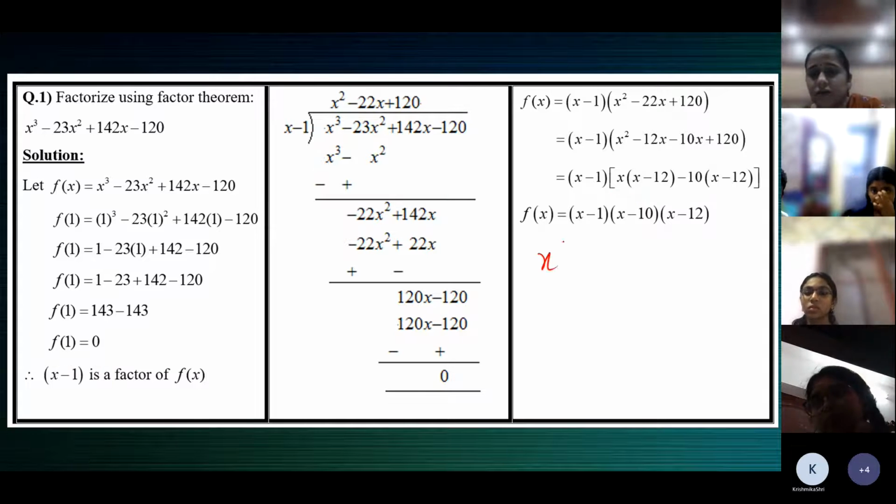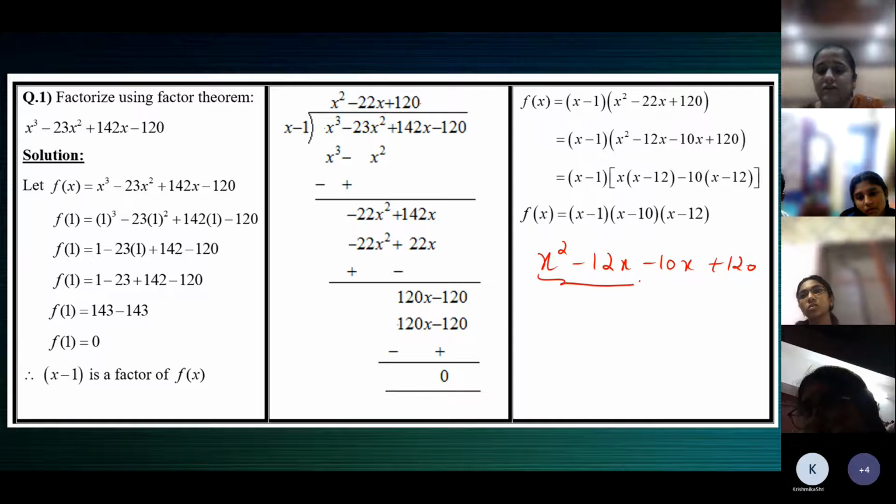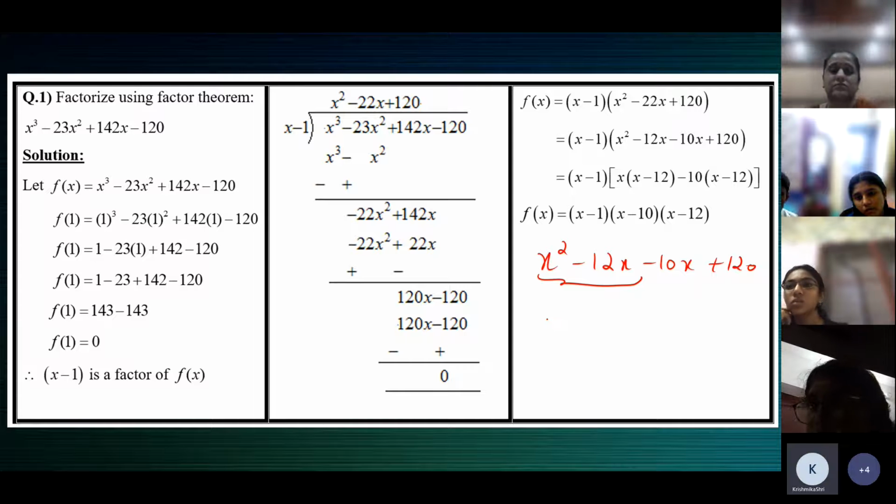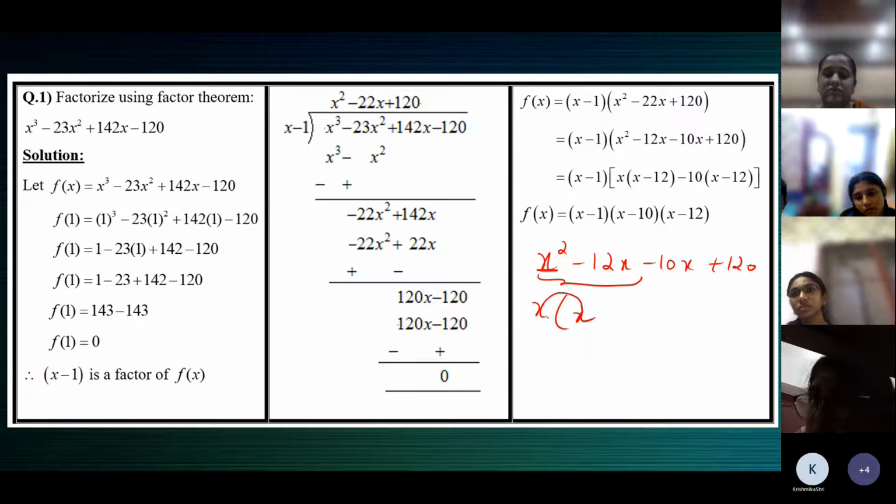So you're talking about x square minus 12x minus 10x plus 120. We are grouping these two, right? What is common between x square and x? X. Open bracket. X into what will give you x square? X. X into x is x square, right? So we cannot write 1 there.